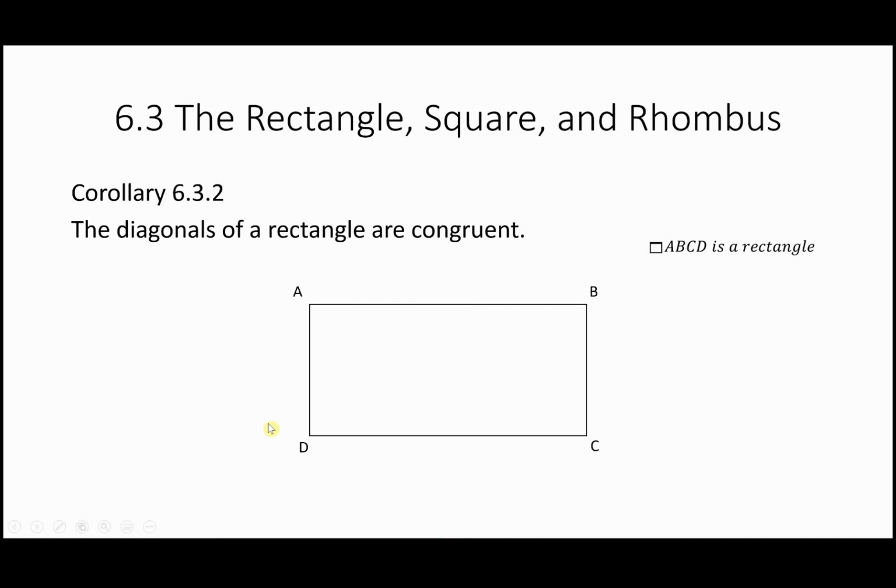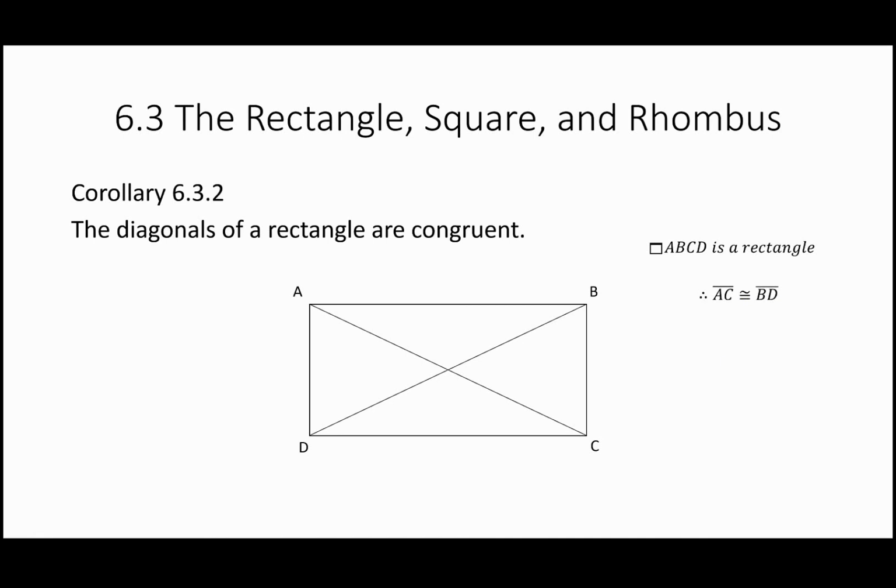Well, all of the angles in a rectangle are the same. They're all 90 degrees, right? Since they're all equal to each other, the diagonals that a rectangle would exhibit have to have equal lengths. And so if quadrilateral ABCD is a rectangle, using this corollary, we can conclude that the diagonals AC and BD are congruent to one another.